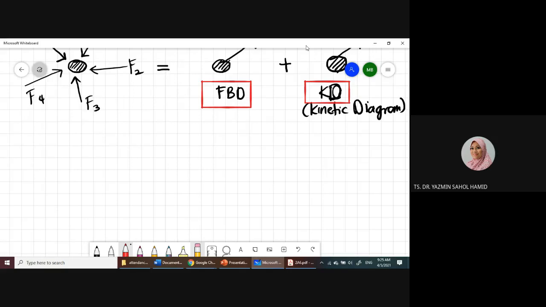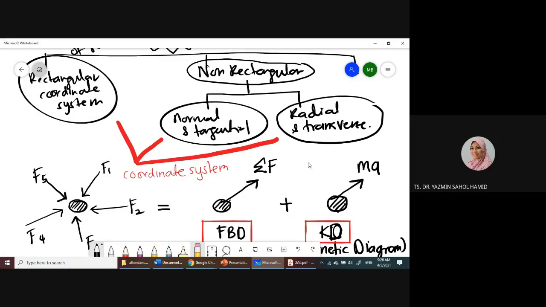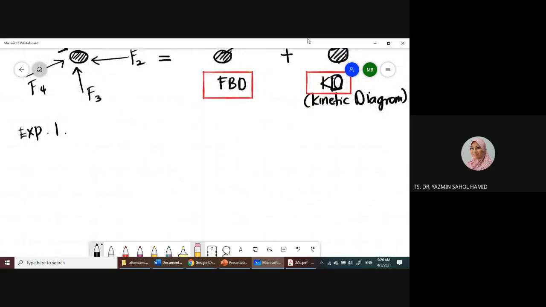Now, let's go straight to the example to understand. So example one, what we're going to do is we're going to use the rectangular coordinate system for example one. So can you please copy this question? I'm doing a simple question first so that you do a simple question first.